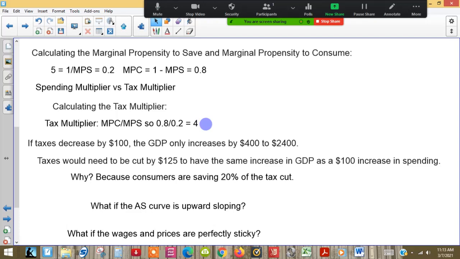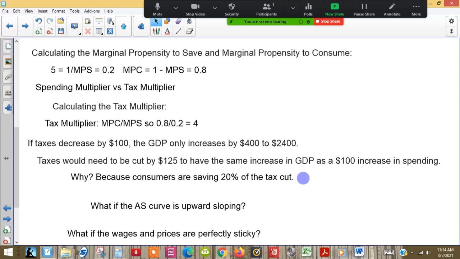But since we know that the consumers in this economy have a marginal propensity to save of 20%, right here, then we know that they're going to save 20% of whatever they get in their tax cut.